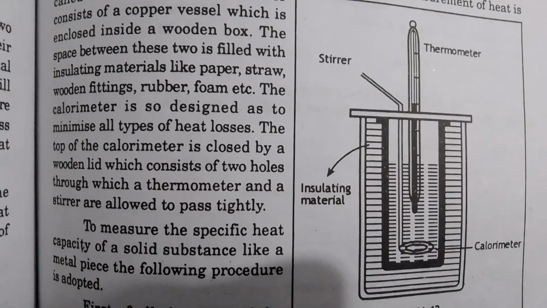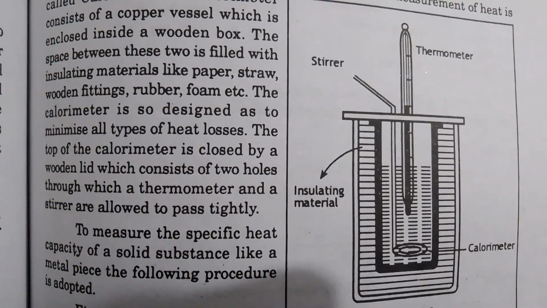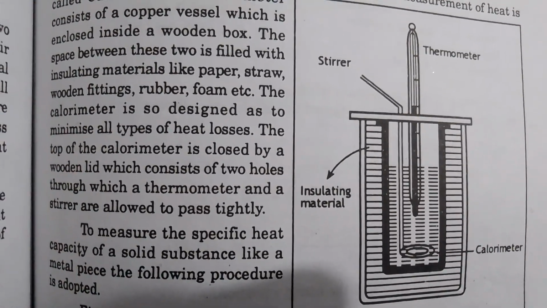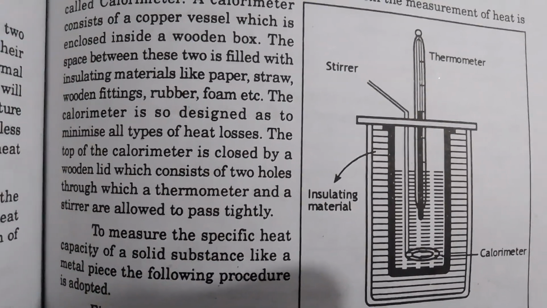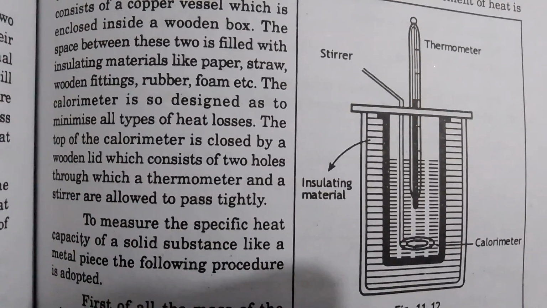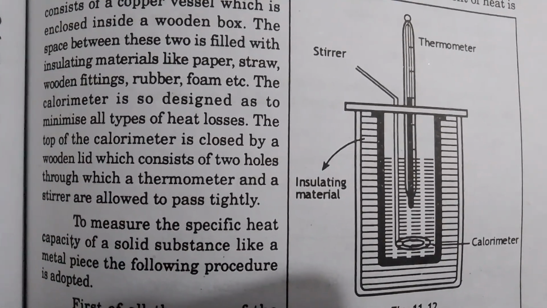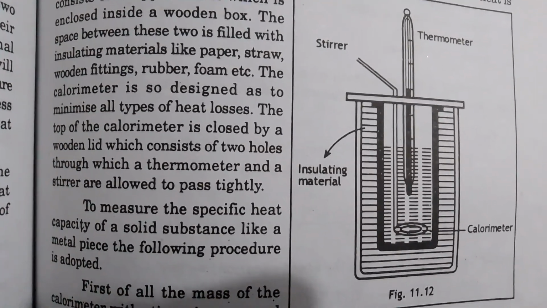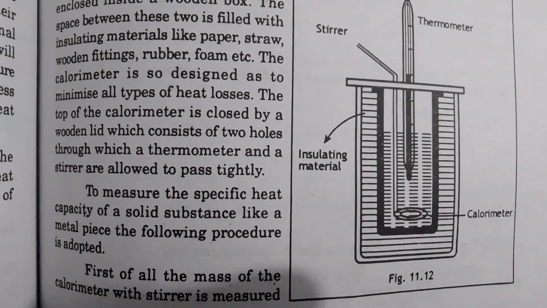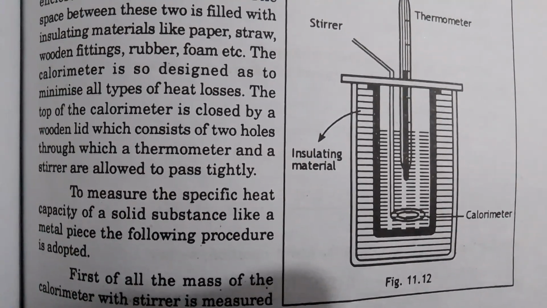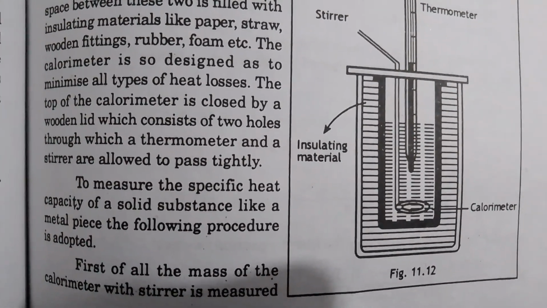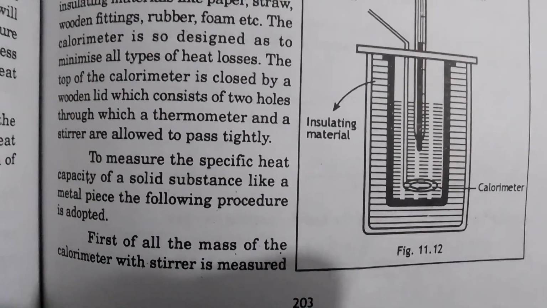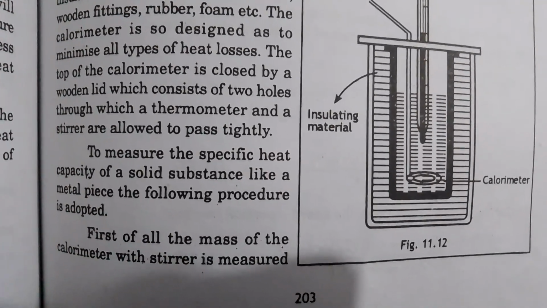The space between these two is filled with insulating materials like paper, straw, wooden fittings, rubber, foam, etc. The calorimeter is so designed as to minimize all types of heat losses. The top of the calorimeter is closed by a wooden lid which has two holes through which a thermometer and a stirrer are allowed to pass tightly.